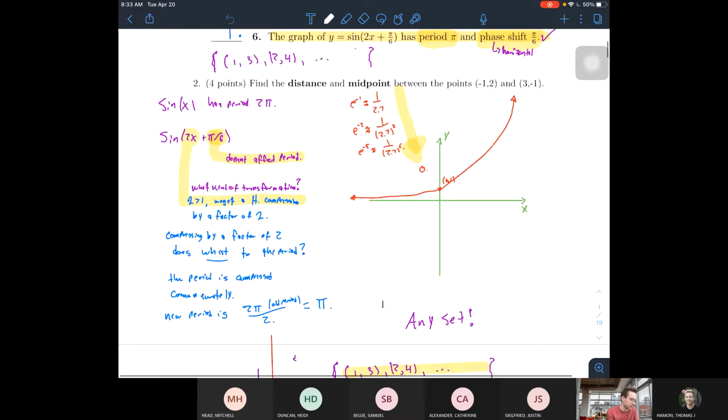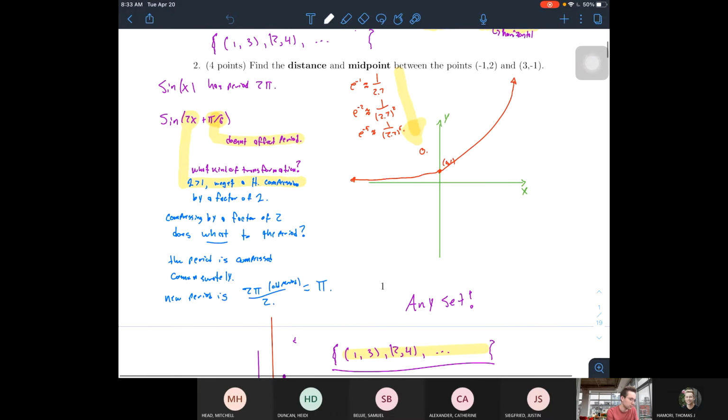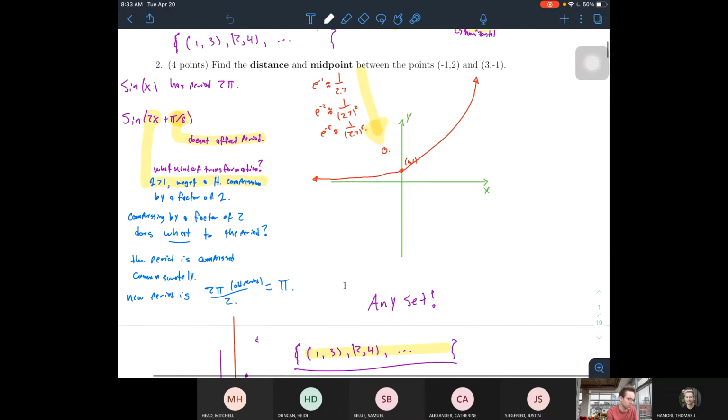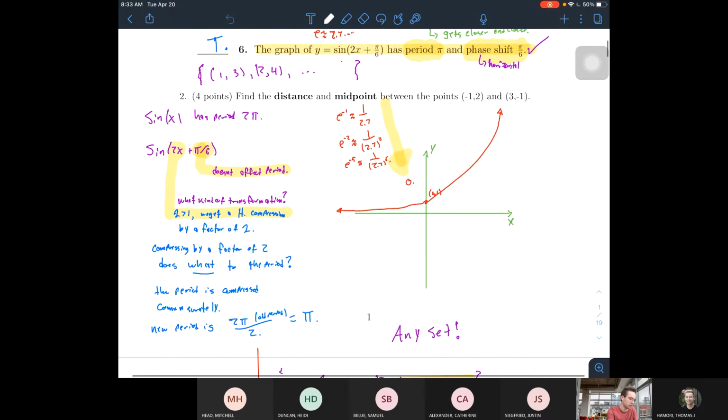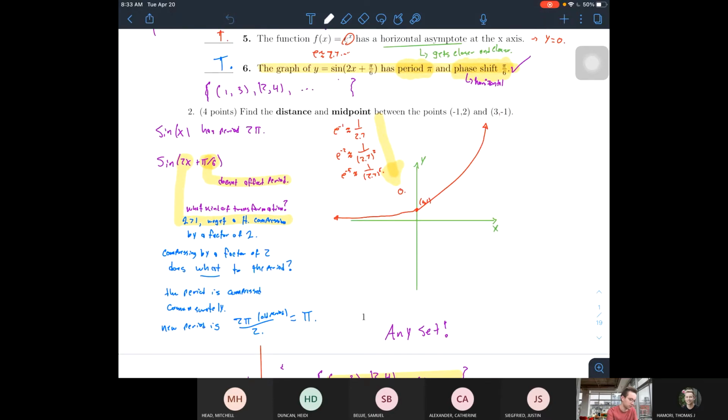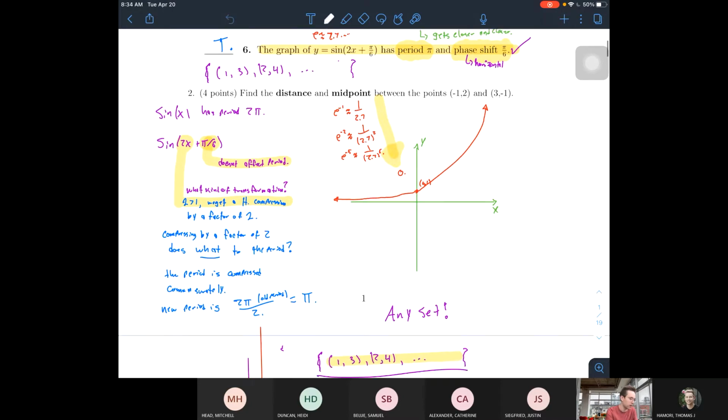Okay. Oh, and there was another problem in here, which I didn't even see because of all this other work we did. We were supposed to find the distance and midpoint between (-1, 2) and (3, -1). We'll do that in a minute.